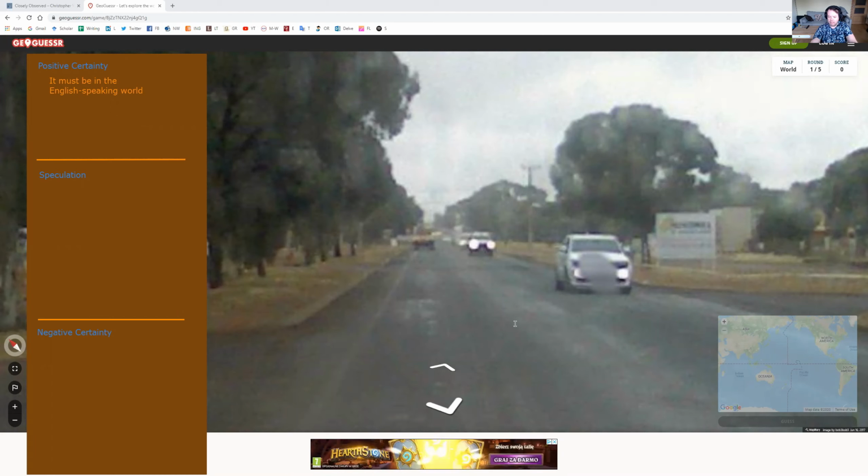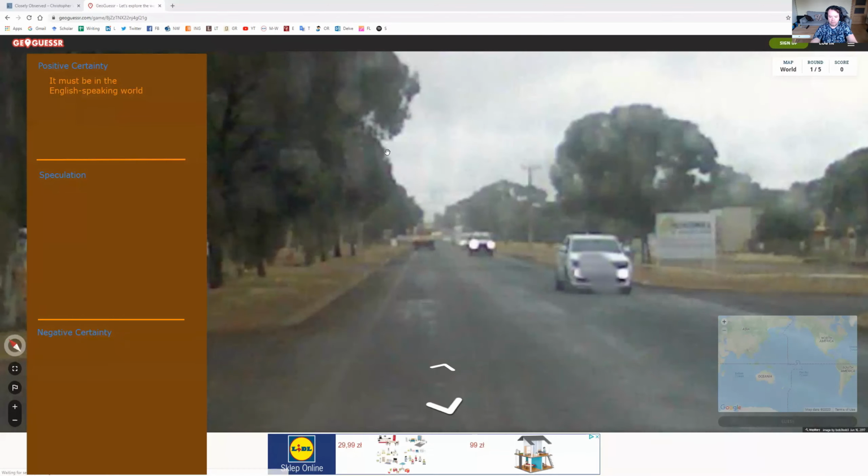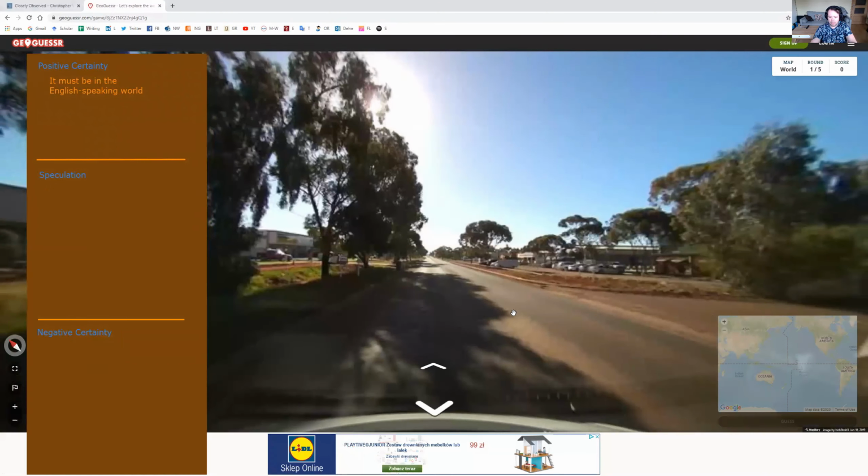What do we think for speculation? Well, this is a tricky one, isn't it? Let's go into the picture of it. Oh, that's a bit better, isn't it? I don't know, looking at this, there's some greenery around, maybe not a huge amount, so what could we say that's just speculative?